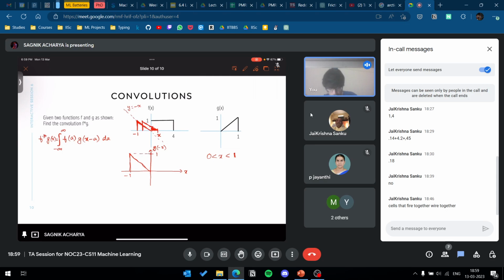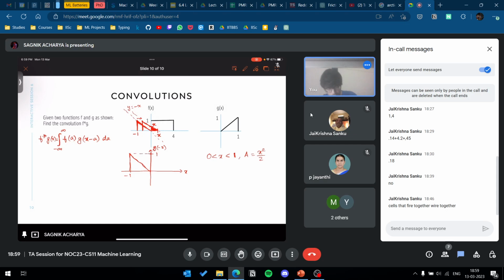This is being shifted parallel, so these two lines are parallel. So this is y equal to minus x plus something, but the cutoff here will be x also, right? If I move it by a distance of x, then this height is also x, and this base is also x. So the area of that triangle will be half into x square, that is, x square by 2.